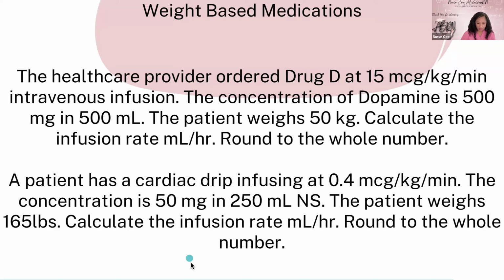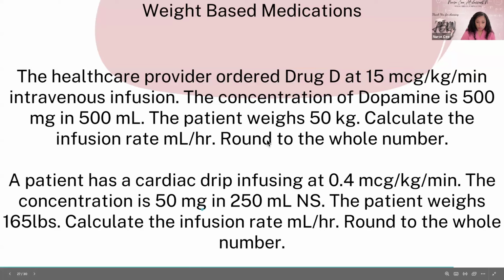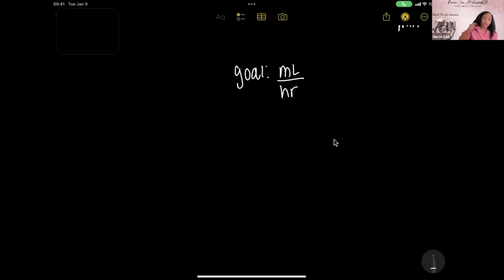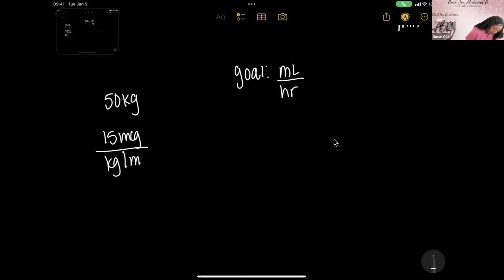Okay. So patient's weight was 50 kilograms. Our prescription is 15 micrograms per kilogram per minute. And then the medicine itself was 500 milligrams and 500 milliliters.